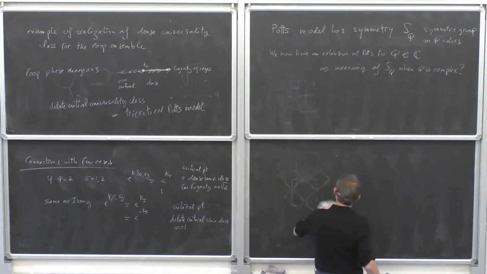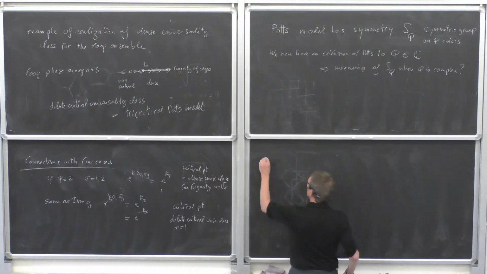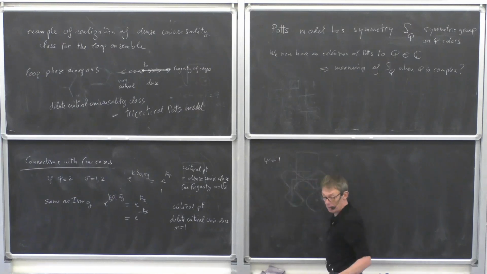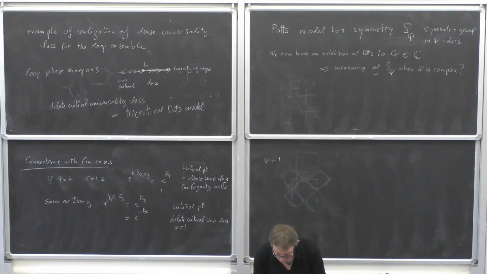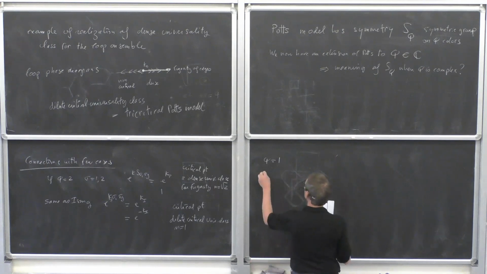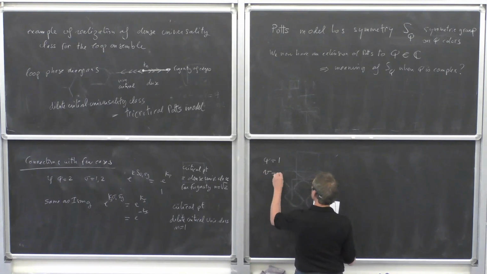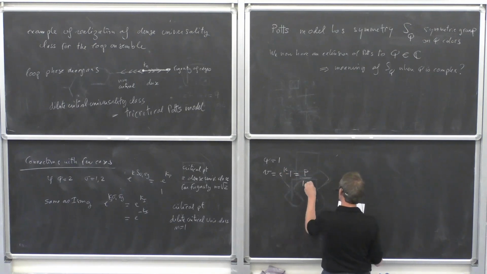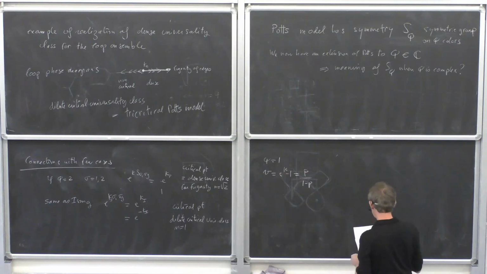How about Q equals 1? Well, Q equals 1 is particularly interesting because if I set V, which was e to the k minus 1, to be equal to p over 1 minus p, let's rewrite our partition function.